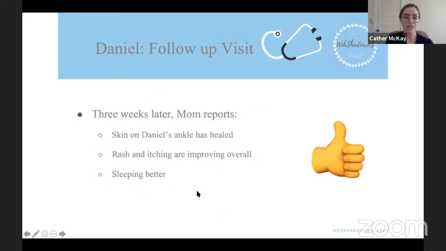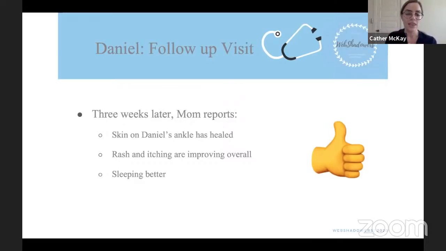Okay, so then, because this is virtual, we have the ability to fast forward 3 weeks. You've gone through a good skincare regimen, how to use his topical steroids, and you treated the skin infection. And so 3 weeks later, and often I don't want to overwhelm mom or dad with too much at one time, so I'll have the close follow-up sometimes to just say, okay, let's calm down this flare.